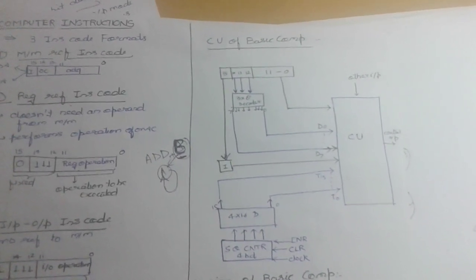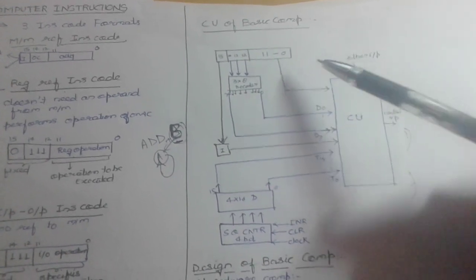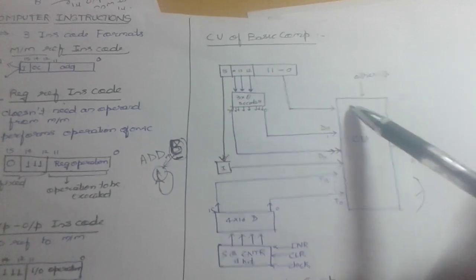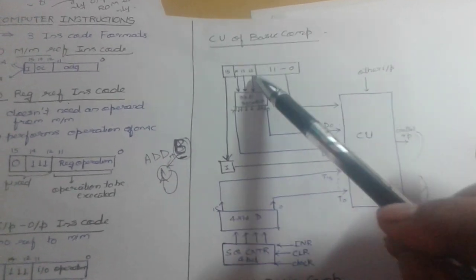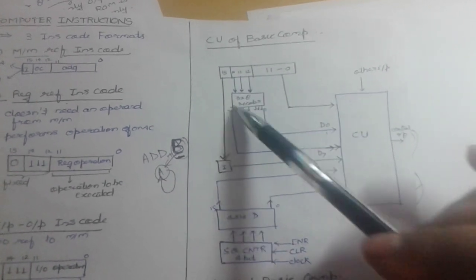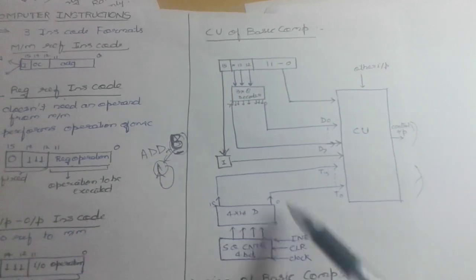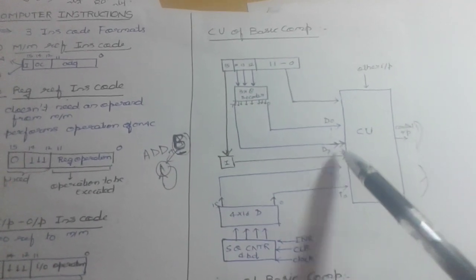So how does the control unit of the basic computer take instructions? Bits 0 to 11 are provided directly. These can be an address or an opcode. Bits 12, 13, 14 are important. First, these are decoded by a 3 into 8 decoder. Now these 8 outputs are provided to the control unit. The 15th bit is I, which is either 0 or 1.